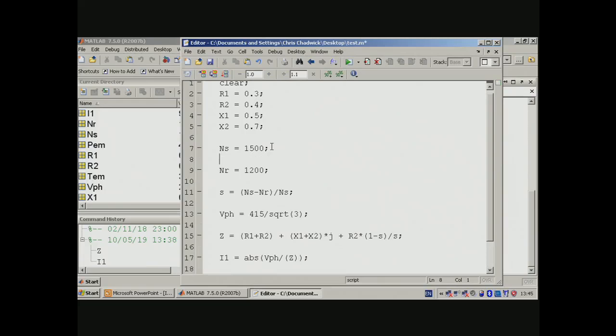If we iterate through this program, you'll be able to find the torque for a different range of values.